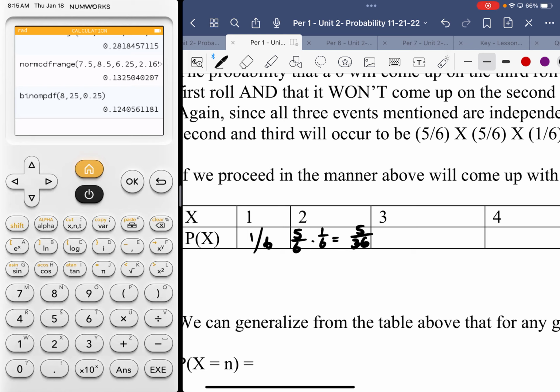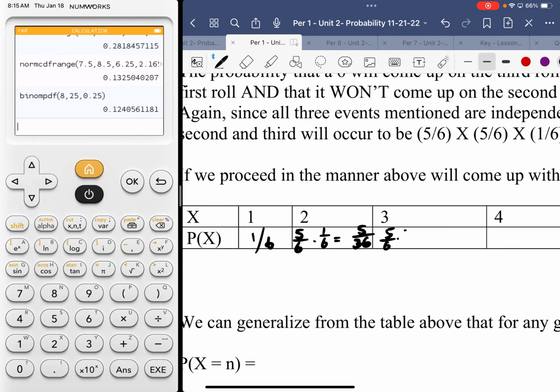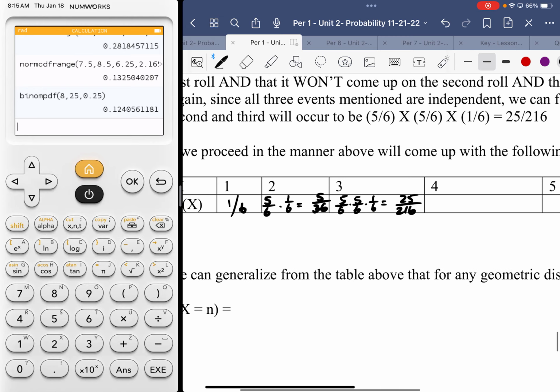For the third case, it's the same idea. We had 2 failures followed by a success. So 5/6 times 5/6 times 1/6, which would be 25/216. And then we would just continue the progression. So 5/6 times 5/6 could be thought of as 5/6 squared times 1/6.